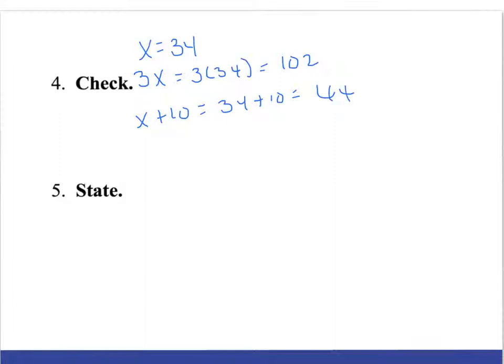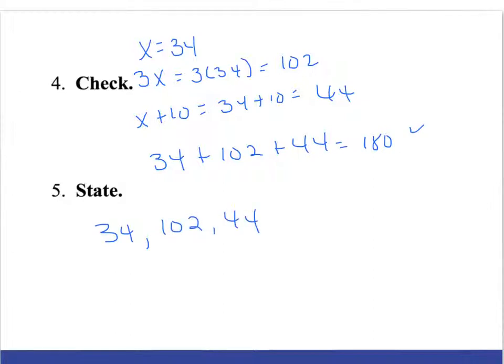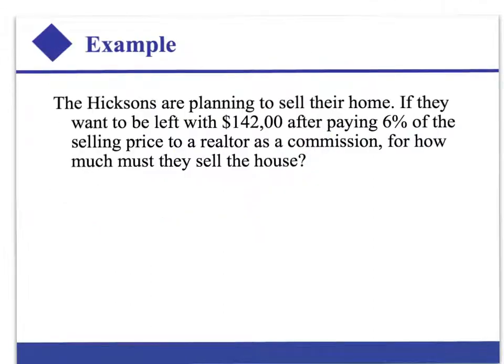So that's what our measures appear to be. So now if we add those all up, let's see if we get 180. So 34 plus 102 plus 44 equals 180. So I'm going to say that our angles are 34, 102, and 44. So we completed.